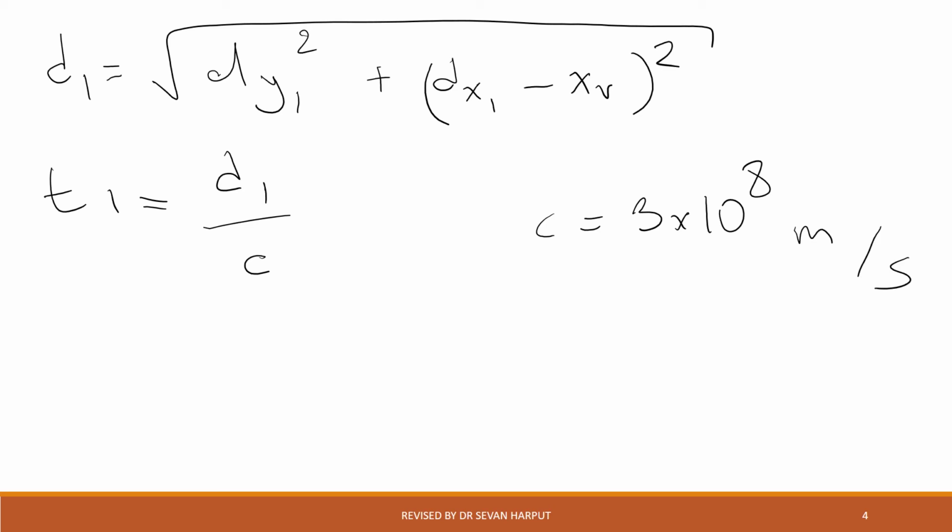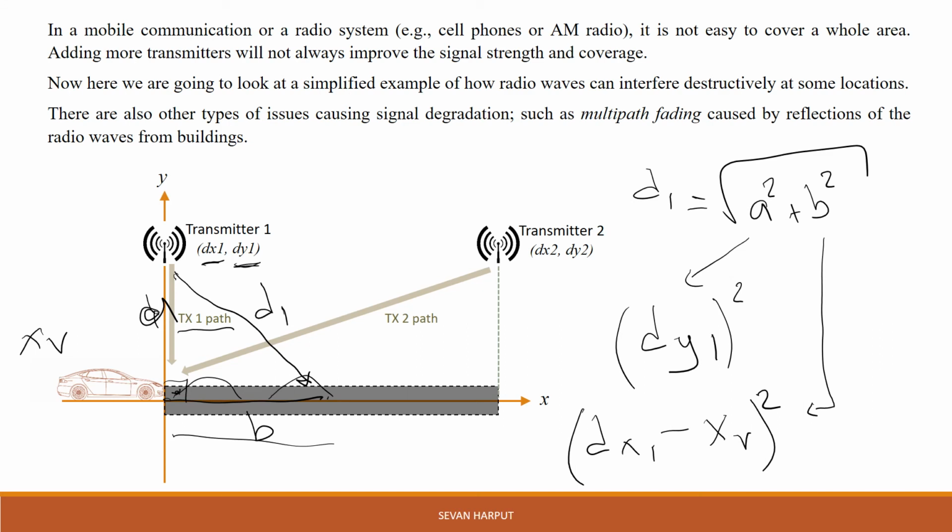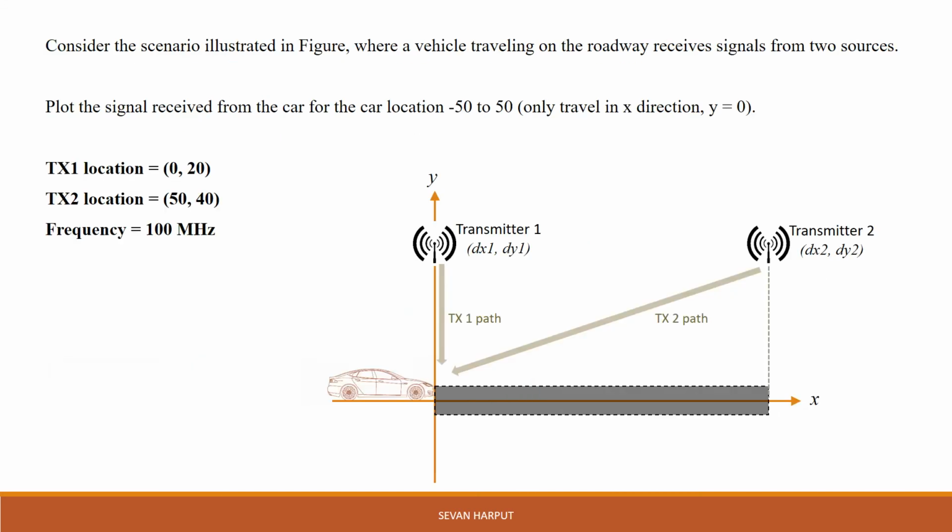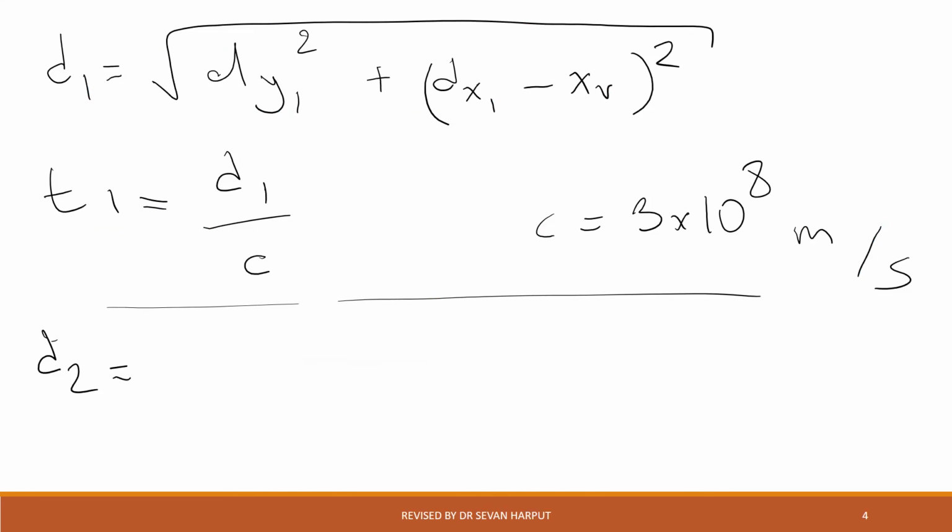That's quite easy. And then if you look at the d2, we have another equation to solve. d2 is the second path from the transmitter to the car, tx2. Again, this is very similar to the first one, because the car is not moving in y direction.